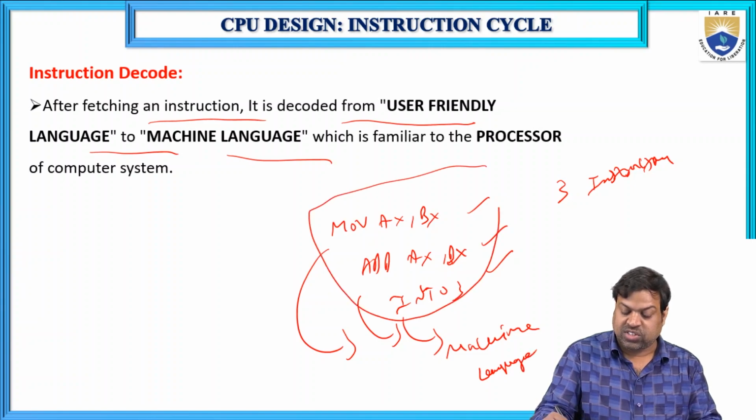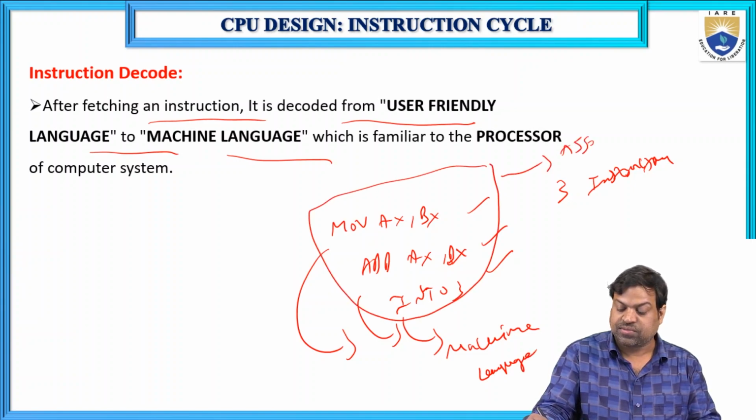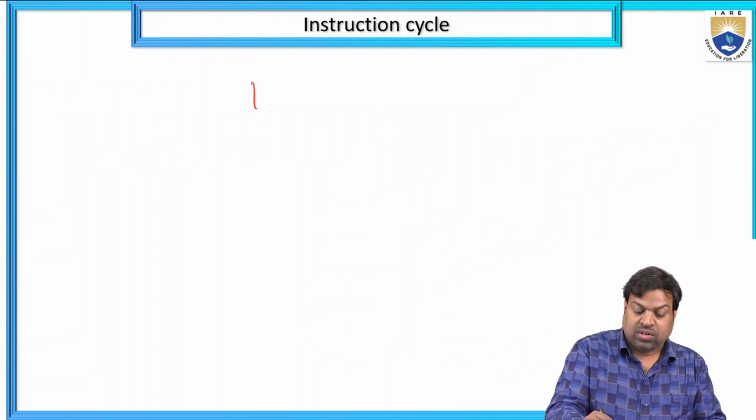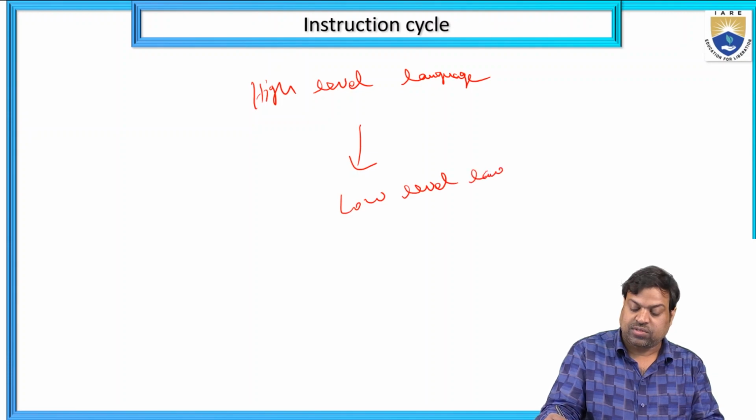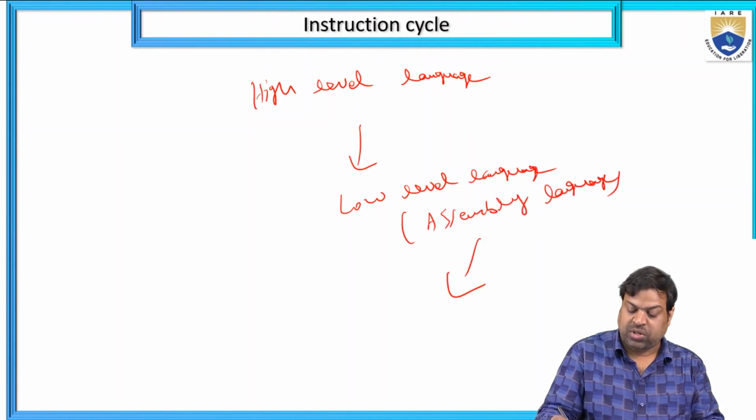So what is this language? It is the assembly language. High level language, low level language, or assembly language is converted to the machine language.